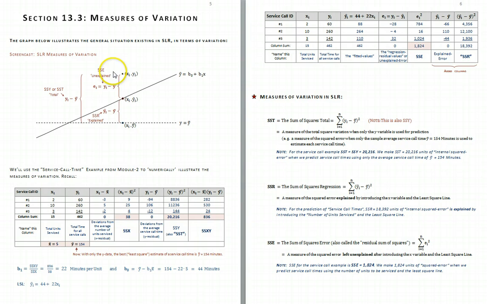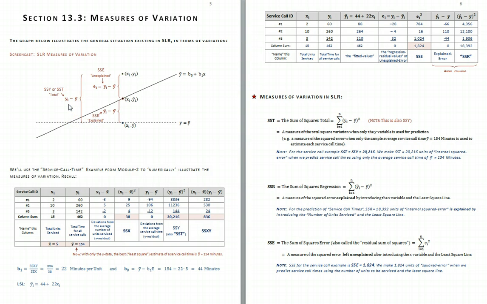If we were to estimate the yi height using the y equals y bar height, the total error that we would make would be this relatively large distance, yi minus y bar.